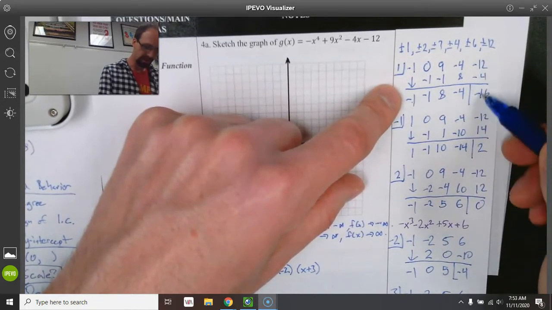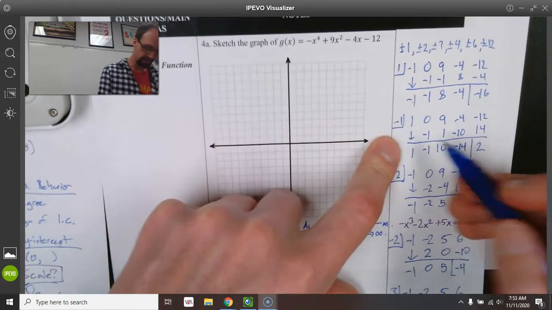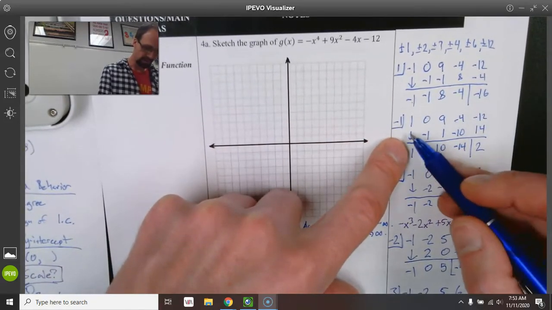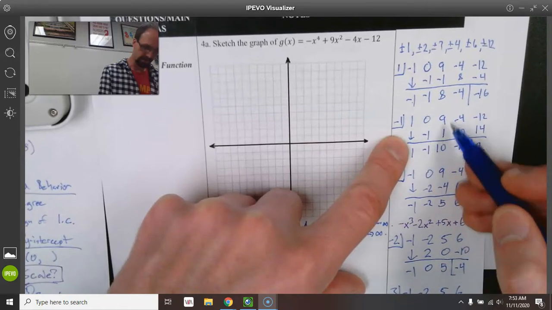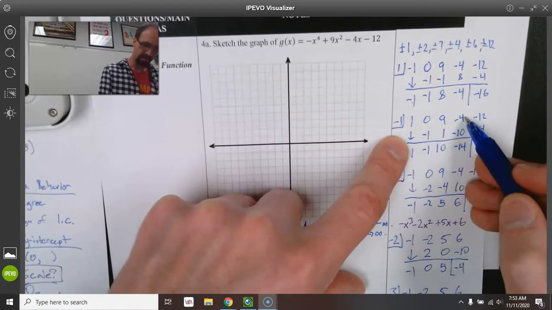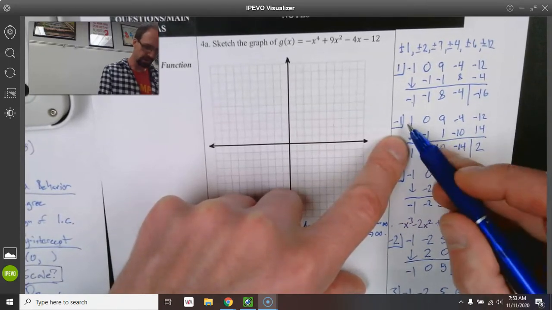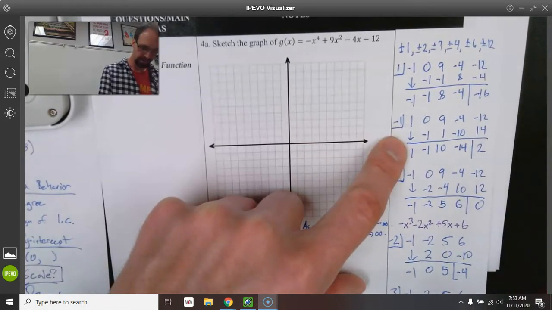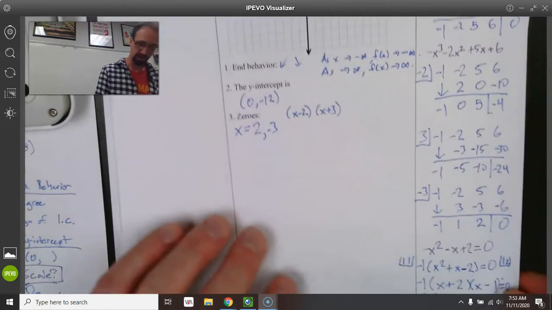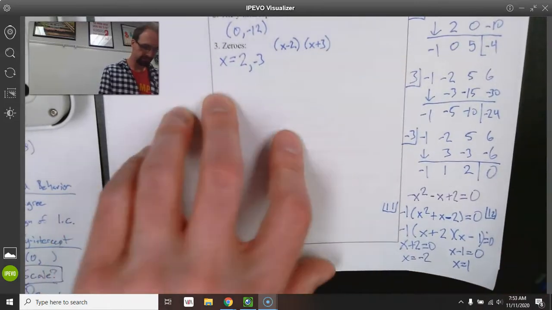Negative 4, negative 4, negative 16. Bring down the 1, negative 1. 0 plus negative 1, that's positive 1. 9 plus 1 is 10. Negative 10, negative 14. I have no idea. I'll probably see it right after the video. That's usually how these things work.